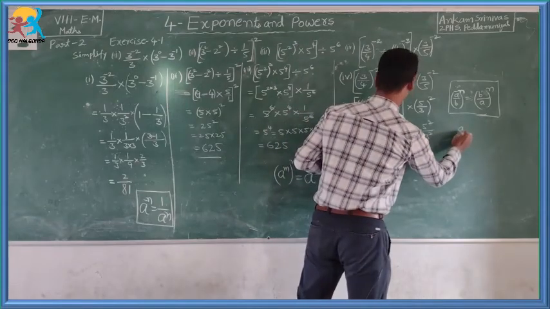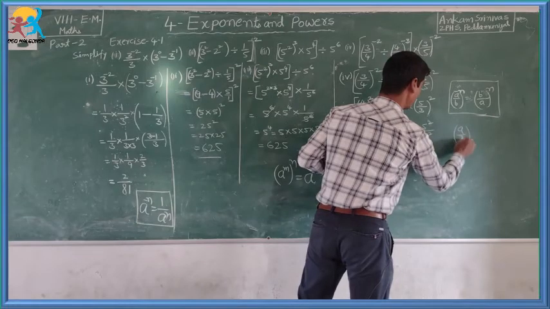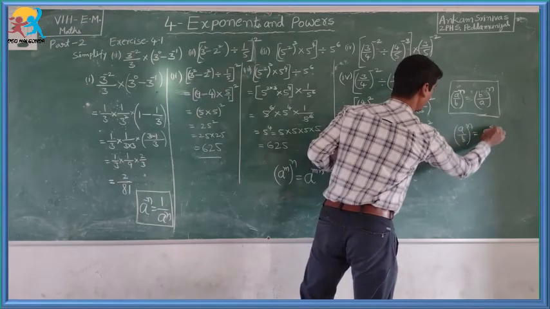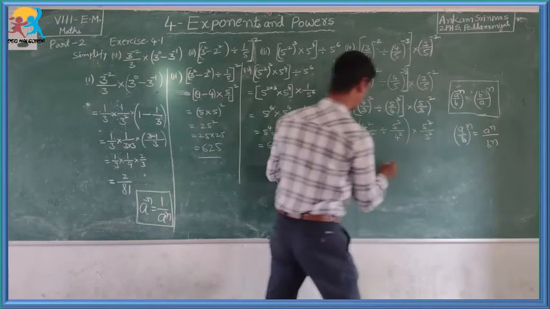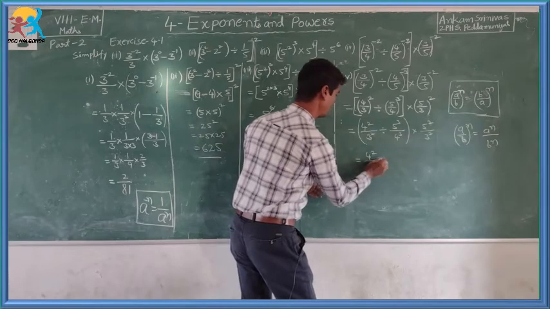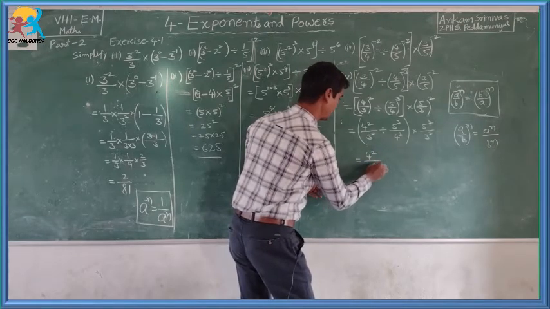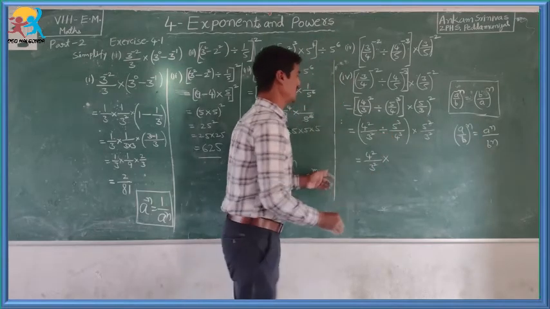This used the formula a by b whole power n equals a power n by b power n. So here 4 square by 3 square into, we have to divide here.